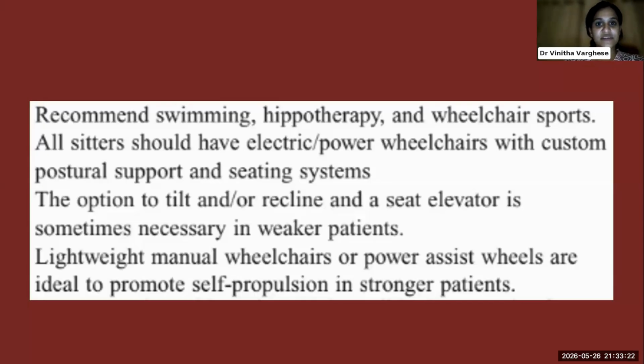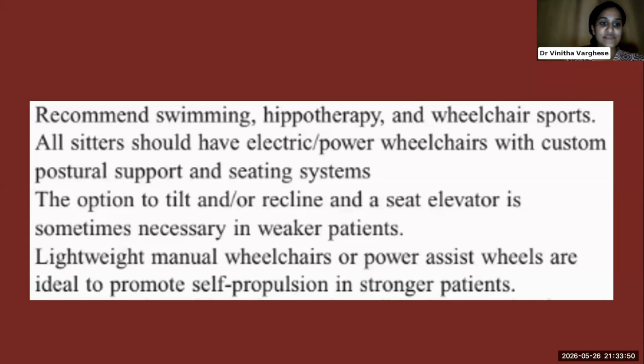This is something that, unfortunately, as a country we haven't achieved, in the sense of having customized seating systems for every child. Most often a wheelchair is prescribed, but those wheelchairs are going to cause secondary deformities unless they're customized for the child. So this is something important for us to keep in mind when we prescribe.